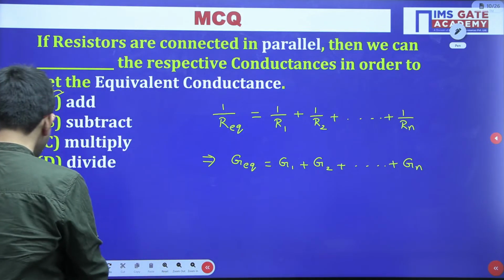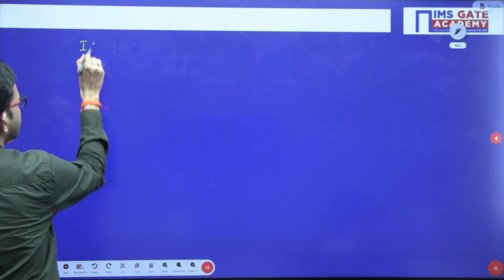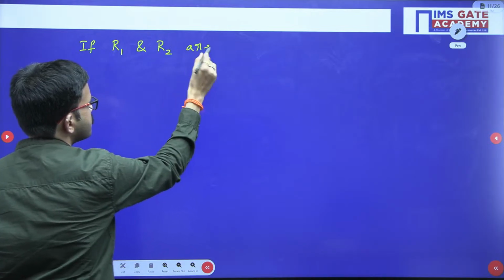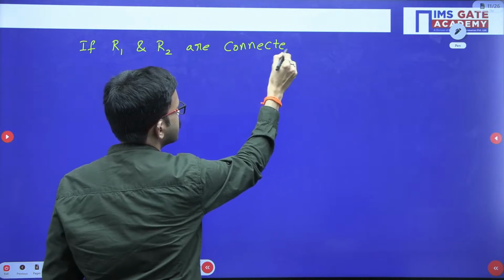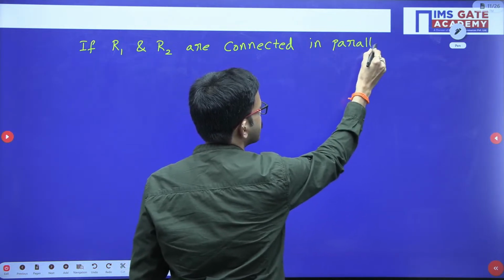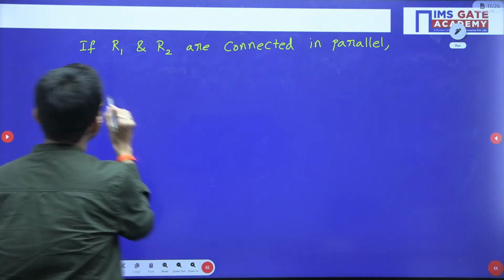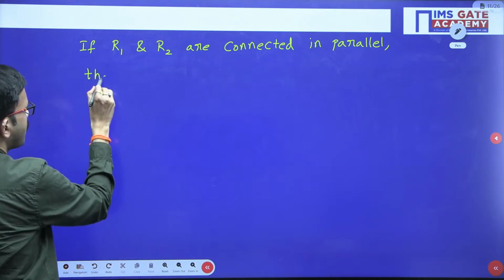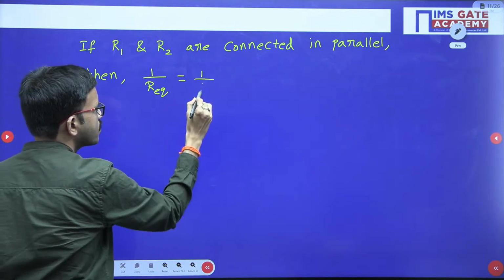Suppose I am considering only two resistors connected in parallel. Then we can use this formula: 1 by R equivalent equals 1 by R1 plus 1 by R2.